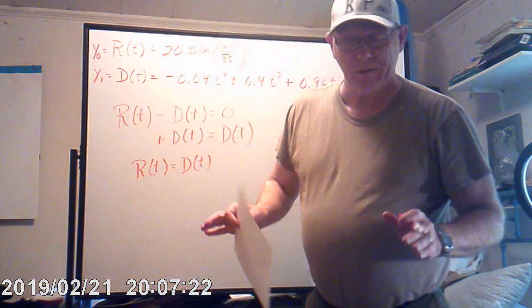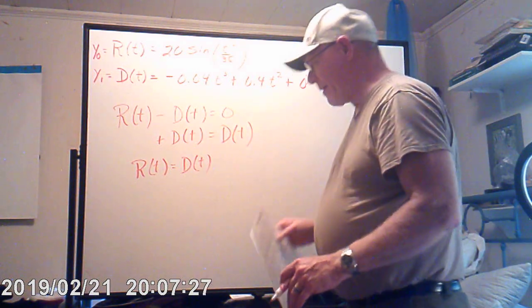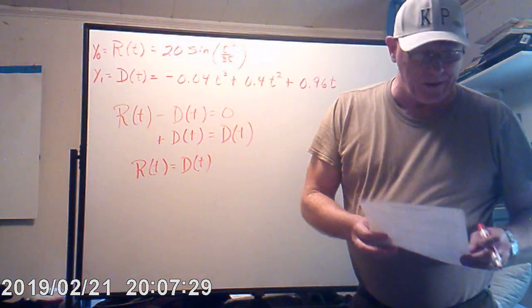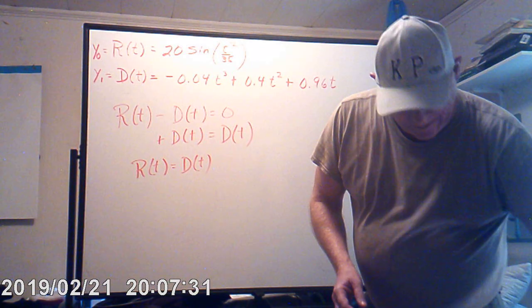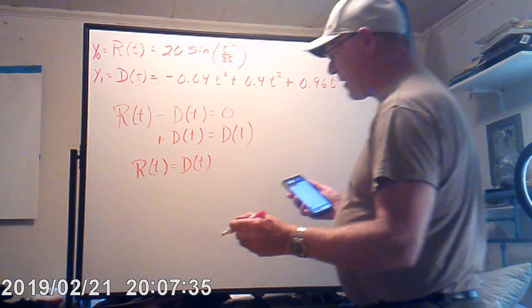intersect those lines. So when I hit graph, and then on my calculator I can just hit intersect, and you're only looking at the t value or the x value.